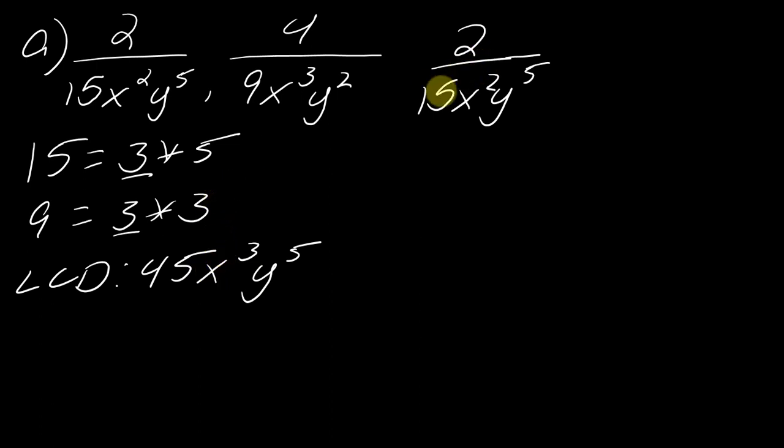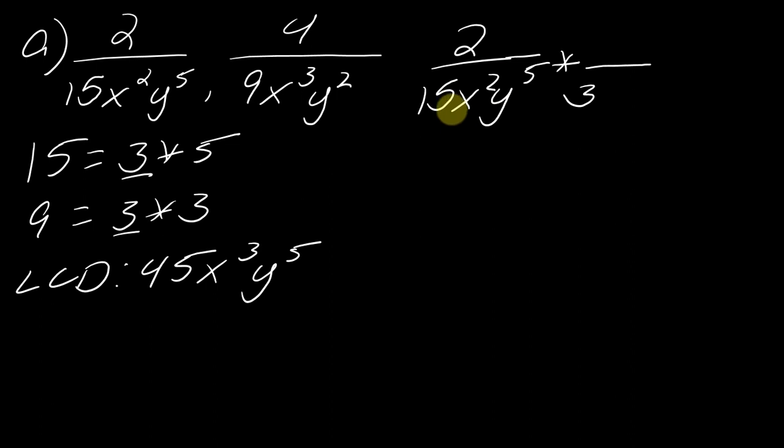Okay, so I have 15x squared y to the 5th. First things first, if you remember how to do this with fractions, I have to think about what I multiply 15 by to get to 45. That's going to be 3. But now I also need to have x to the 3rd y to the 5th as my LCD, and I have x squared y to the 5th.